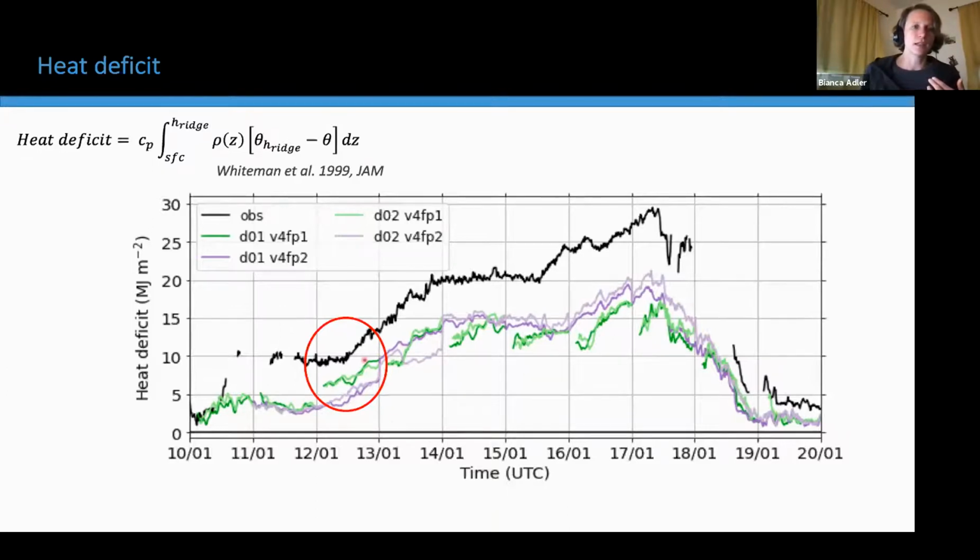Only after initialization on the 13th, heat deficit was higher. When we look at the decay period, we see that both forecast periods did a very good job in capturing the decay. So the timing was very good, and also the rate of the decay was very well forecasted, even 48 hours in advance.